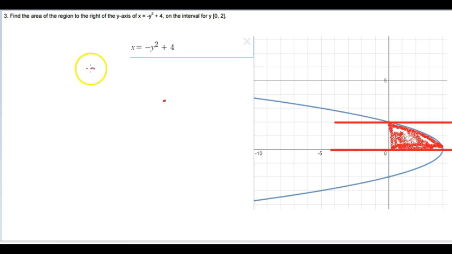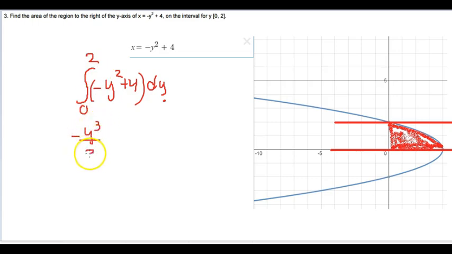we're evaluating the integral of negative y squared plus 4 dy on the interval, and they told us the interval from 0 to 2. We could have chosen any interval we wanted. We were told the interval from 0 to 2. And so when I integrate, I add 1 onto the exponent and divide by the new exponent.